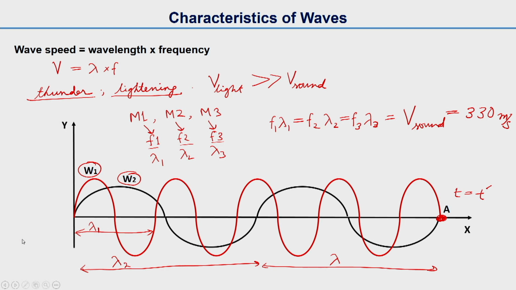That means lambda 2 is bigger than lambda 1, but as both the waves reach point A at the same time, our velocities are equal, V2 equal to V1, and that means our frequencies are different. The frequency of wave 2 will be less than the frequency of the first wave.